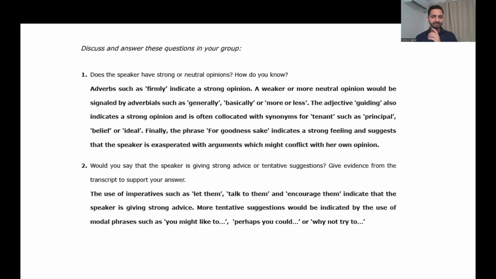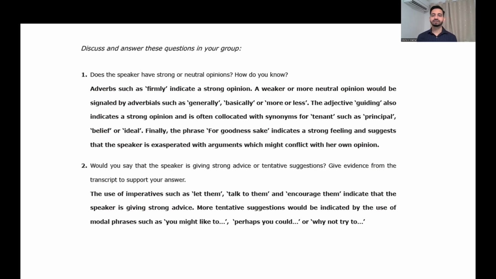All right, so let's look at these answers, right? Adverbs such as firmly indicate a strong opinion. So when we look at firmly, that means that the speaker's opinion is quite strong. A weaker or more neutral opinion would be signaled by adverbials such as generally, basically, or more or less.